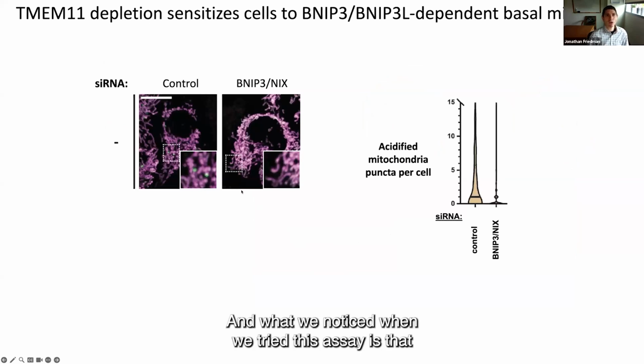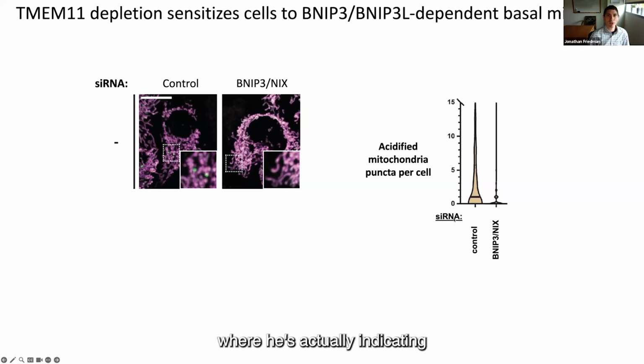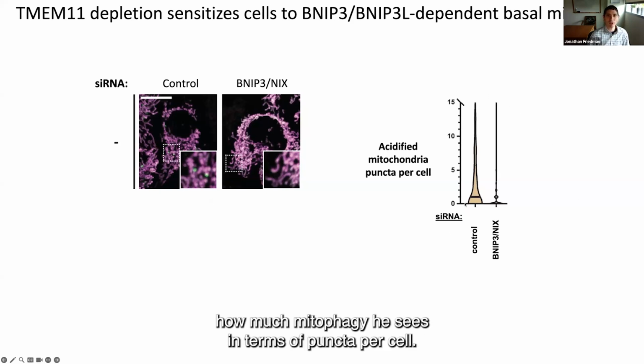And what we noticed when we tried this assay is that the effects that we were seeing in TMEM11 knockdown cells, particularly in normoxic conditions, were subtle enough to not be detected by that assay. And so what Oz instead did was he went around and painstakingly counted up all of the different cells and how often he saw one or two or more puncta in cells. And so what I'm showing you on the right here are plots where he's actually indicating how much mitophagy he sees in terms of puncta per cell.